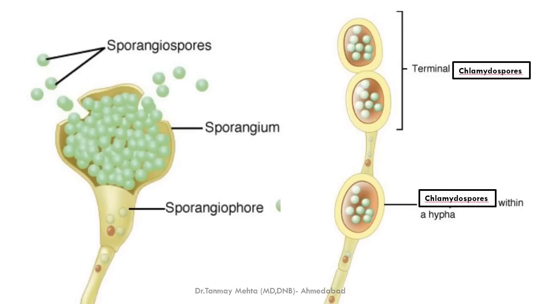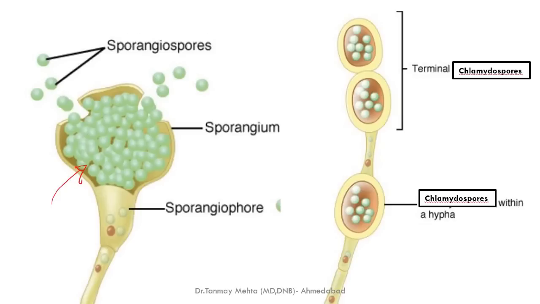As you can see here, the spores are produced within fungal cells, so it is endogenous asexual spore production, which is known as sporangiospore. There are other varieties of spores also which have value in survival.